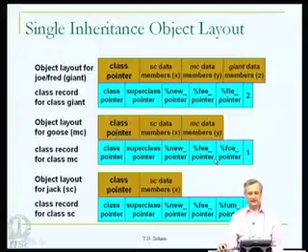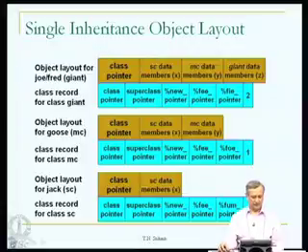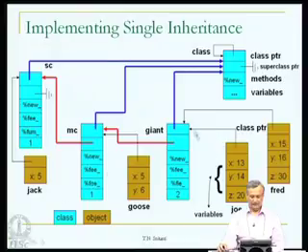How about the object layout under single inheritance? So, remember this diagram. So, we have this giant which has a new phi and phi and then the static which is not necessary for objects. So, objects have x, y, z.